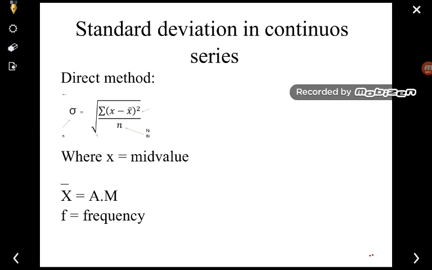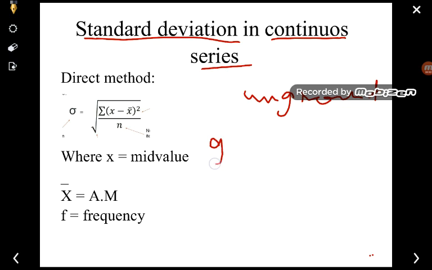Today we are going to cover the last topic of the standard deviation. Today's topic is standard deviation in the continuous series. We have already discussed how to calculate the standard deviation of ungrouped data.